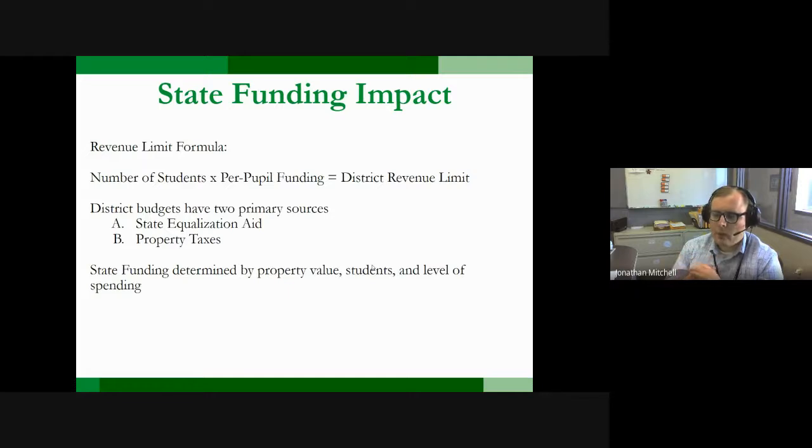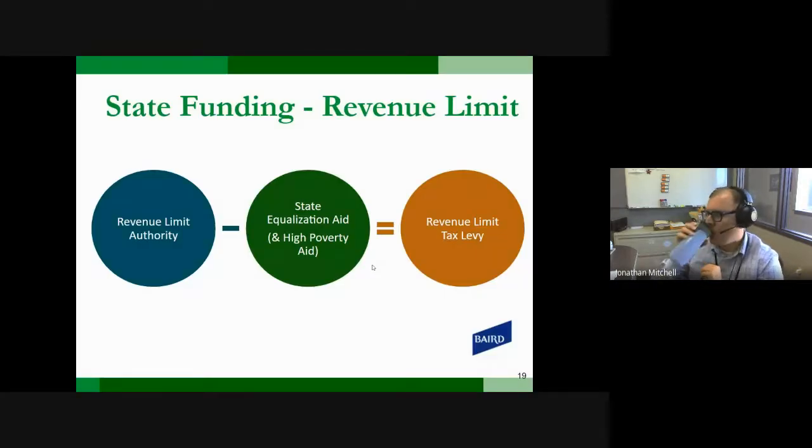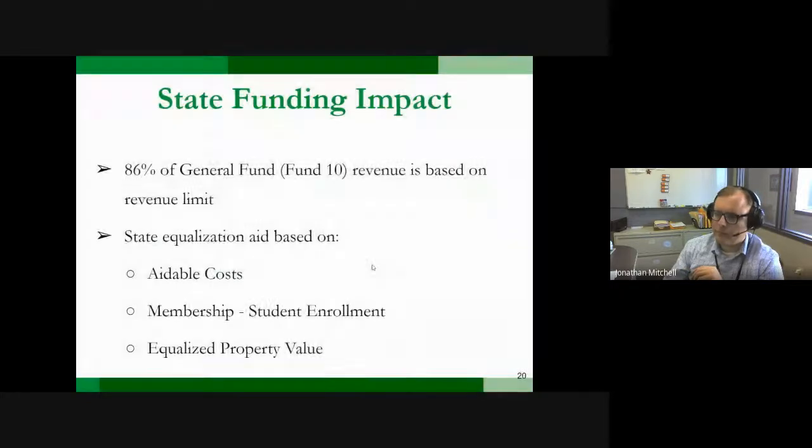And that state portion is determined by local property values, students, and level of spending in our community. So another way to look at that is that that revenue limit authority less the state equalization aid is what is available as maximum tax levy authority under the revenue limit.